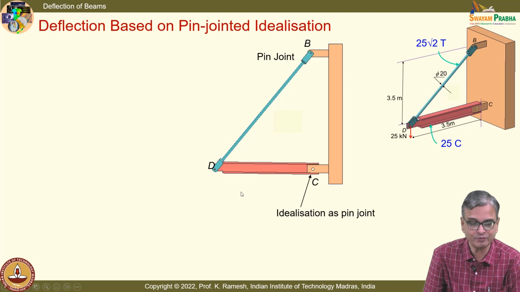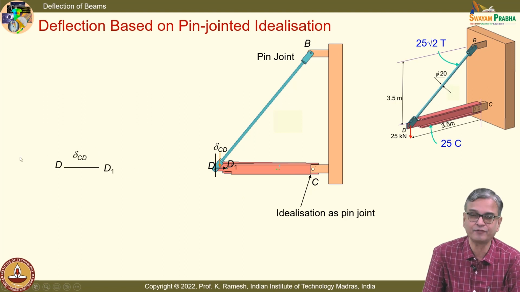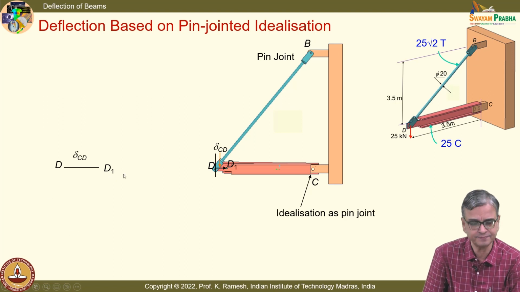So, now I will visualize this compression. This member is compressed by distance delta CD. So, the member is compressed. And I have this point moved to a point D1. So, I draw this bigger for us to visualize comfortably. So, D has moved to D1.